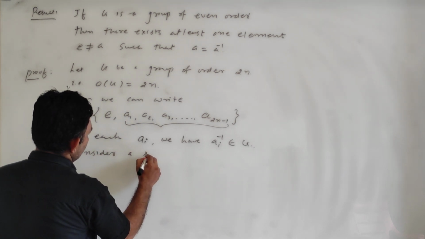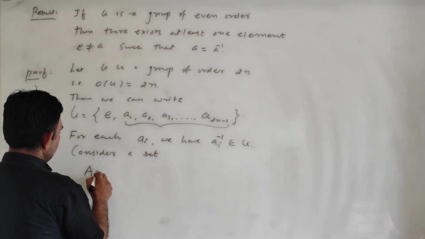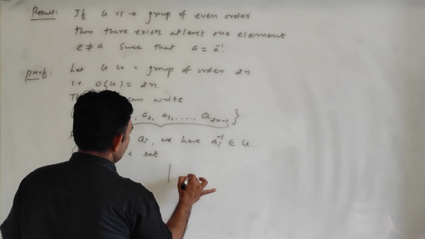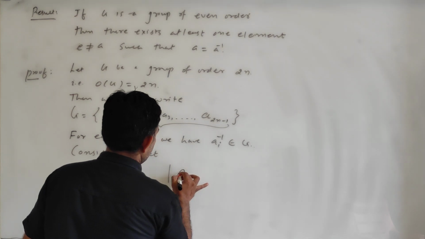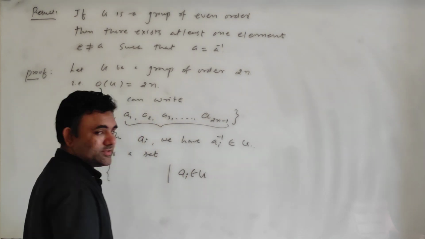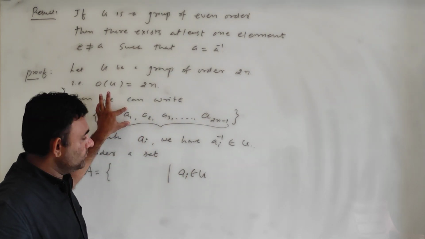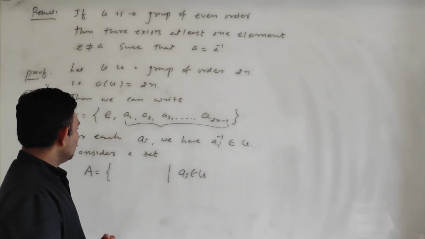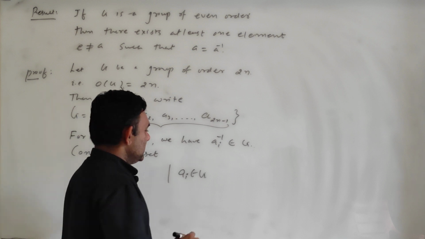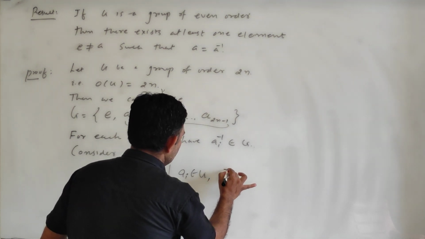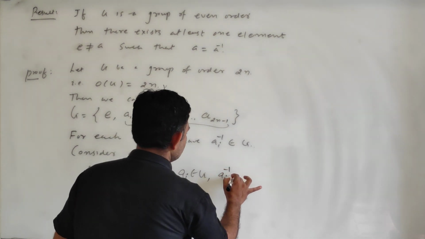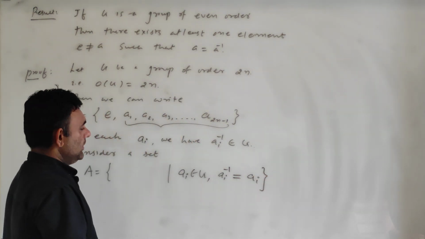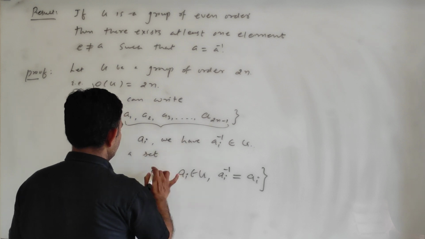Now you consider this set. Consider a set A equal to what? You take one element from G, A1, A2, A3 or like that. Consider the elements Ai in G such that its inverse Ai inverse is equal to Ai, and this Ai is not equal to identity.